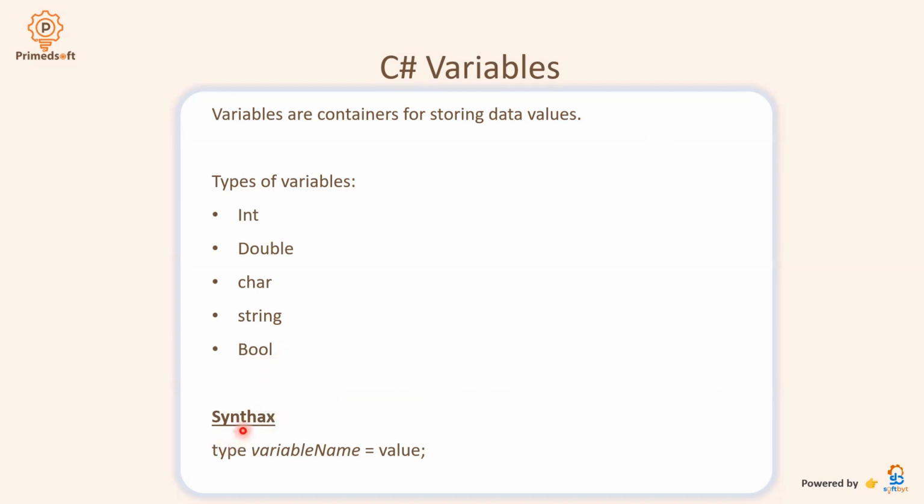Now you can see the syntax is you put a type of variable, you assign a variable name to it, and assign a value. Types could be int, double, char, string, or bool. The variable name could be anything you choose to name that data.